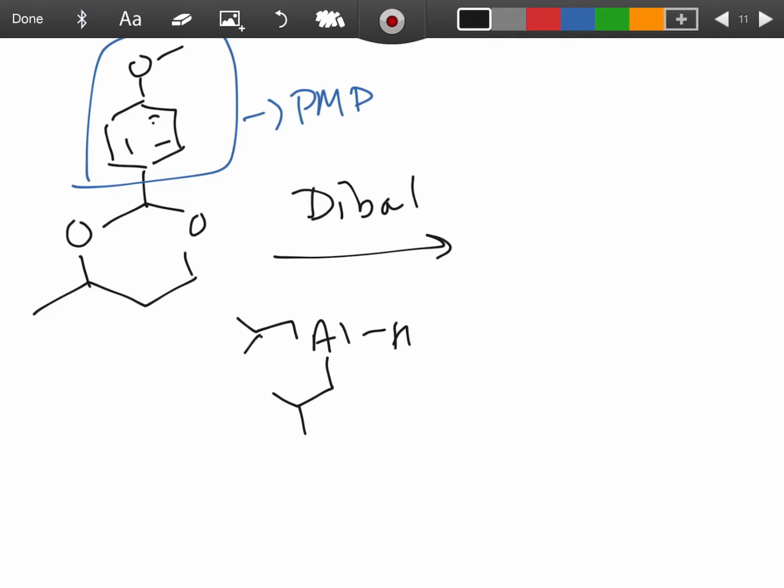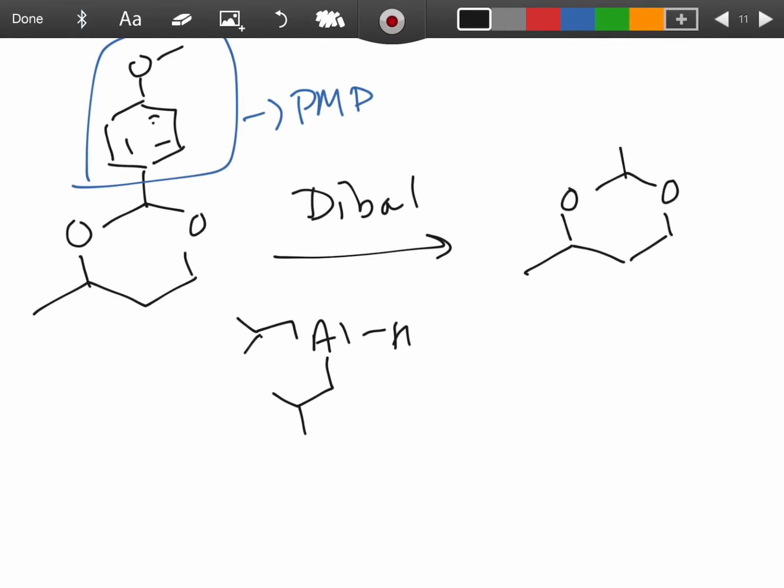DIBAL is for diisobutylaluminum hydride. So it has aluminum, and aluminum can be a Lewis acid. It can bond to oxygens.